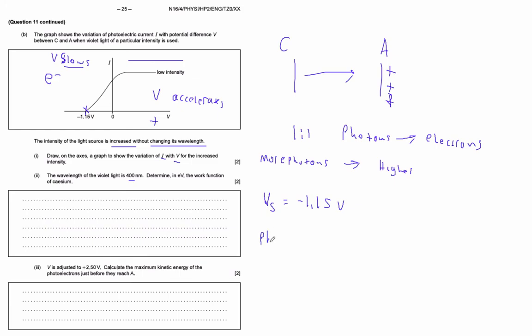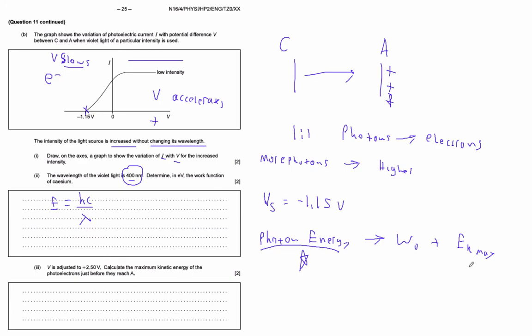So we're just going to go: photon energy equals work function plus the maximum kinetic energy. You're going to have to figure out the photon energy, so the energy is hc over lambda, and turn that into electron volts.